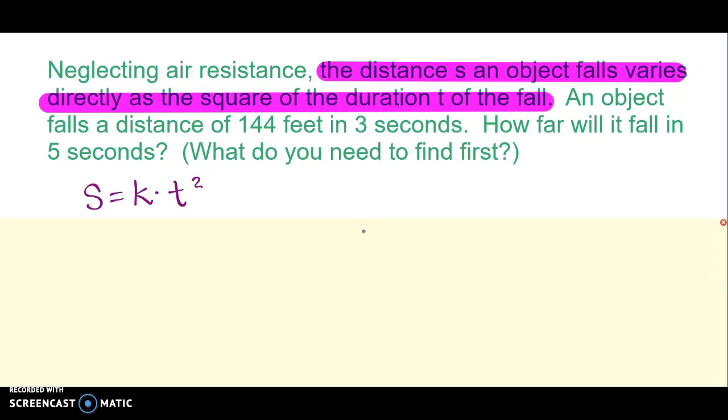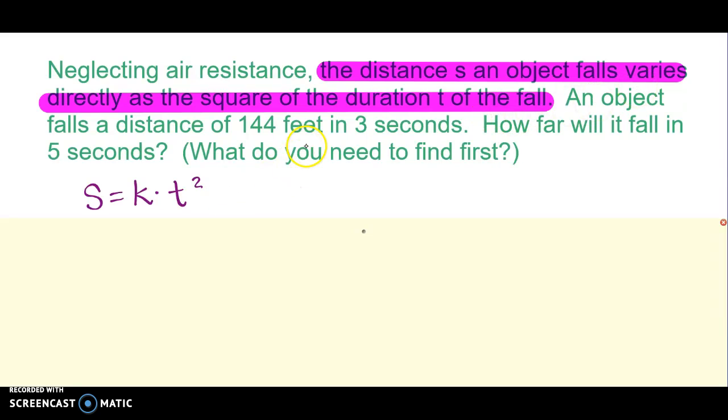Okay, let's see how you did. So remember, I gave you a hint to really pay attention to what's highlighted in purple. And notice here that I did write an equation of direct variation. The distance s an object falls varies directly, so I knew that that was direct variation. It should look like a line, although this isn't a line because it's got the square term here, as the square of the duration t of the fall.